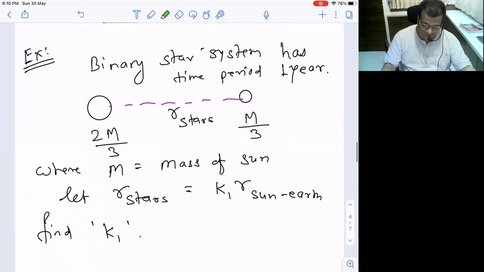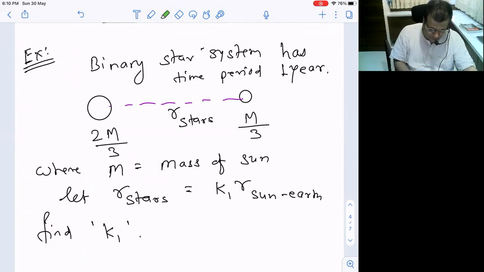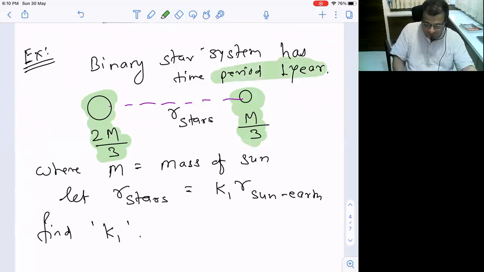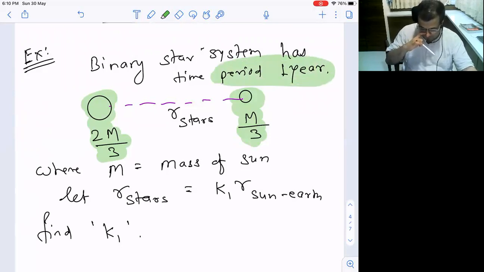One more problem that I am giving here, a very simple problem to illustrate the concept. In a binary star system, let's say there are two stars having the masses 2M by 3 and M by 3, where capital M is the mass of the sun, and the time period of the binary stars is given as 1 year.